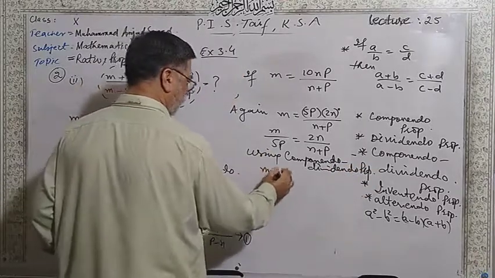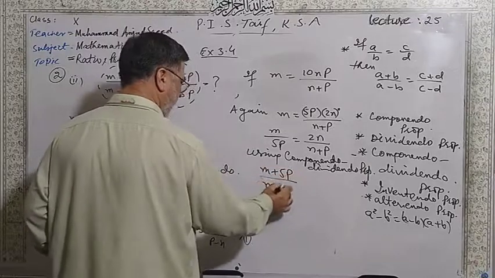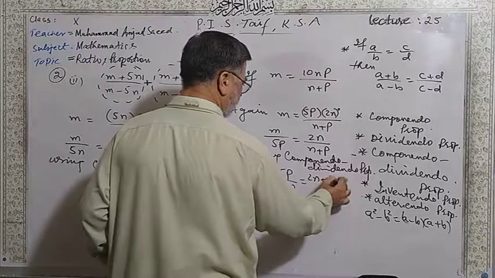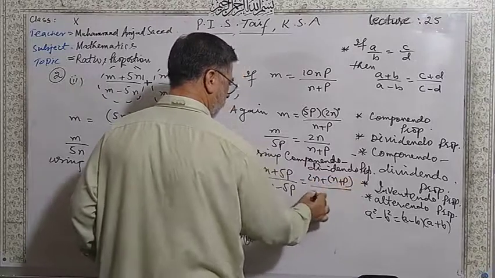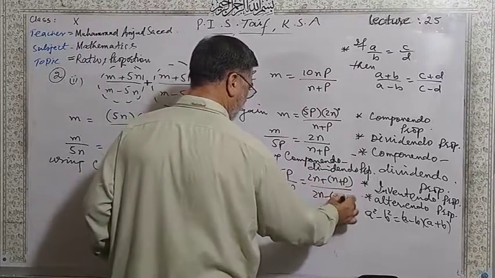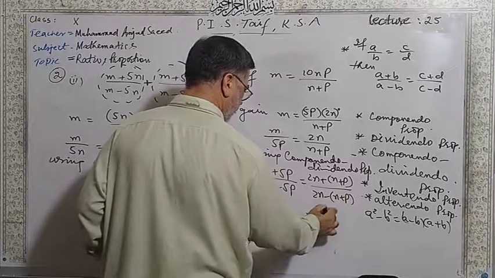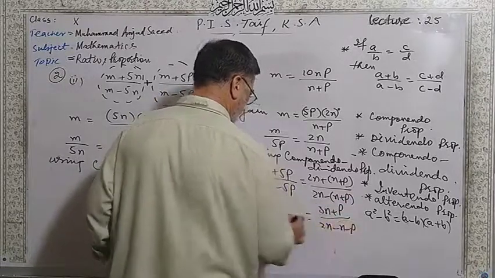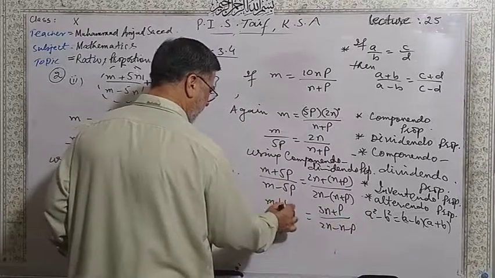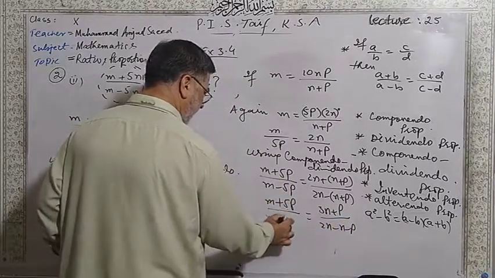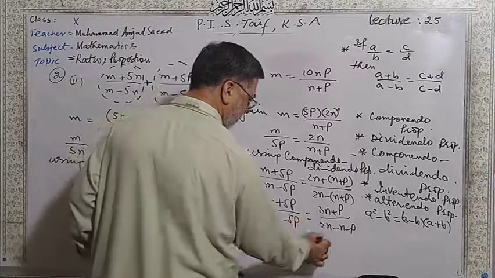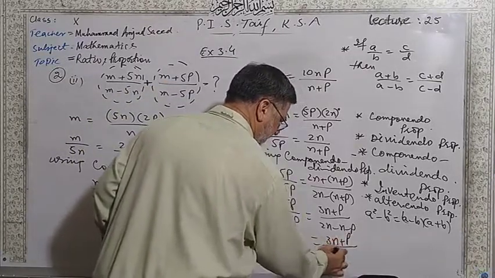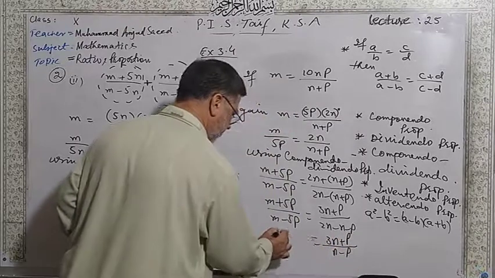(m plus 5p) over (m minus 5p) is equal to (2n plus n plus p) over (2n minus n minus p), that is (3n plus p) over (n minus p). So (m plus 5p) over (m minus 5p) is equal to (3n plus p) over (n minus p).